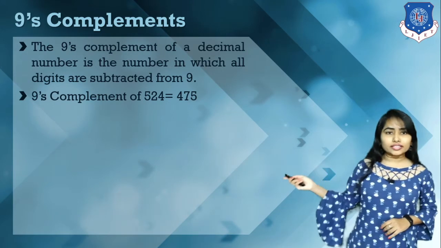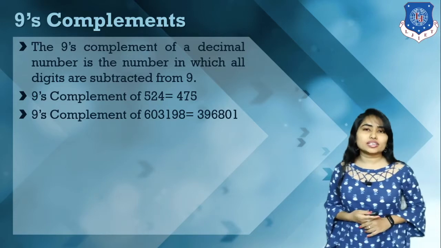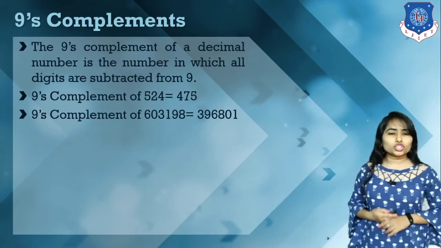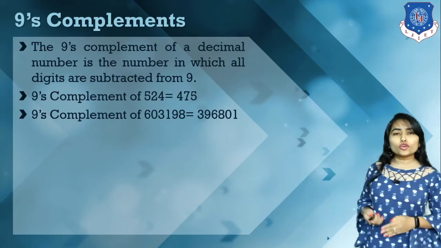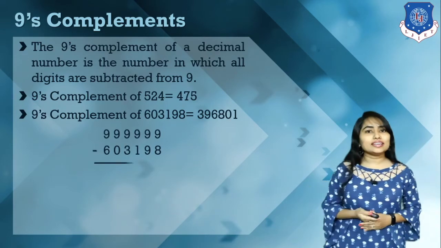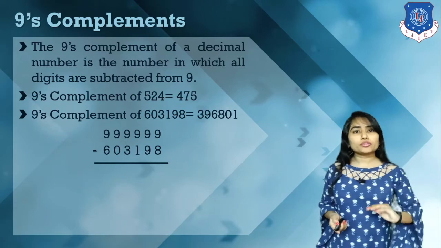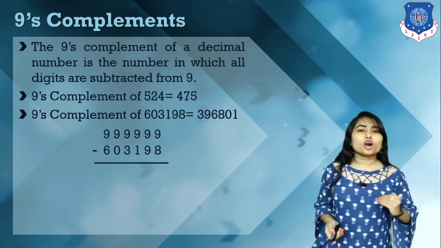Let's take another example of how we can perform the 9's complement. Here we have 603198. For this, again subtract this number from 999999. Whenever we have digits, we subtract all the digits from 9.